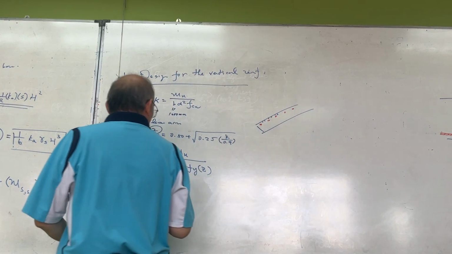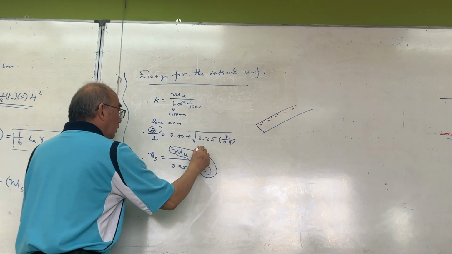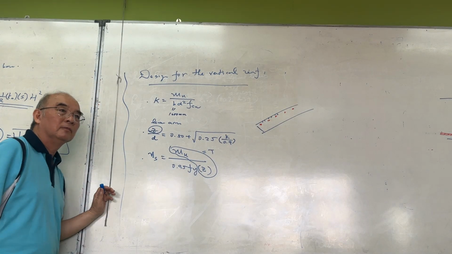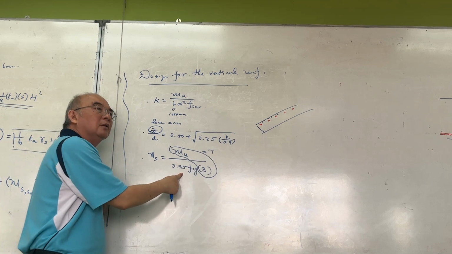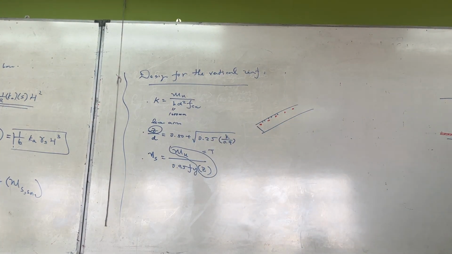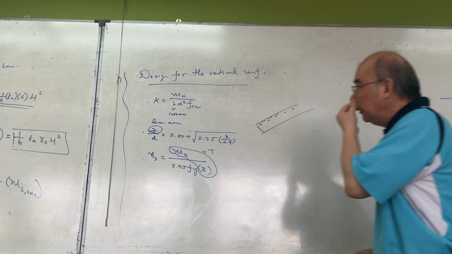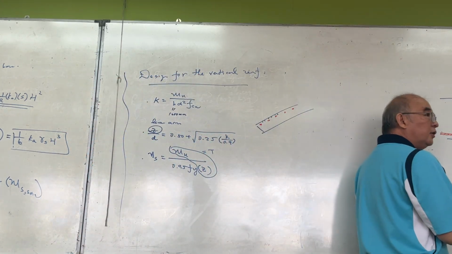So you can see this one is actually equal to the tensile force, right? The tensile force divided by the tensile stress gives you the area. Right? Okay? Understand? No?